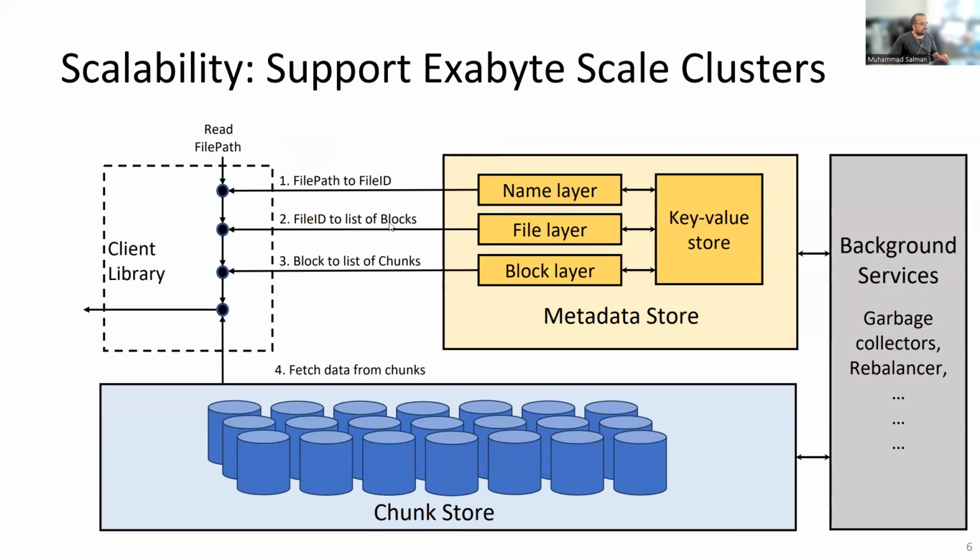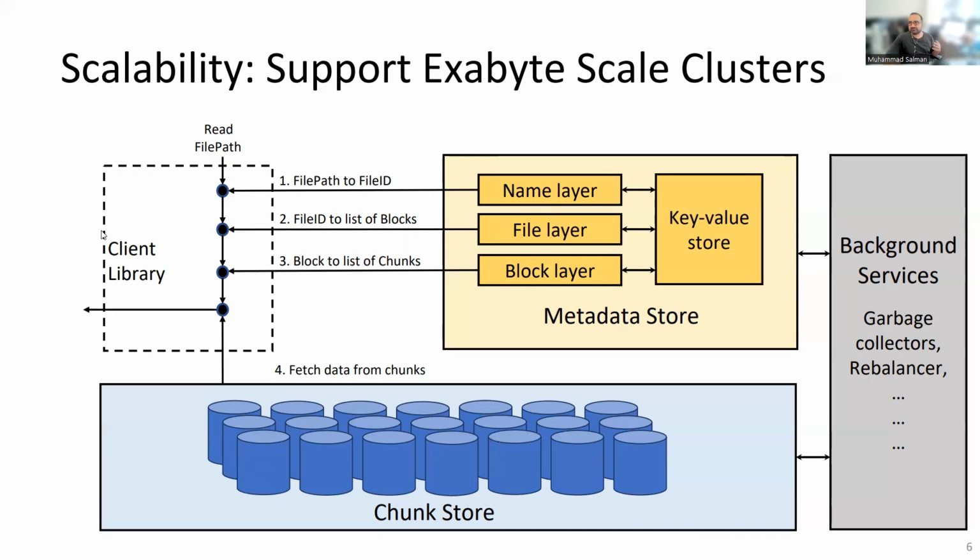So the file layer will directly track that particular block, and then it will again check the block list. Once it understands that this is the particular block list which I have to read, it is serviced by the block layer, it is requested here, and from the block list the information is retrieved, and that information is given to the output. And all this information is handled by this client library, which is the core part of Tectonic.